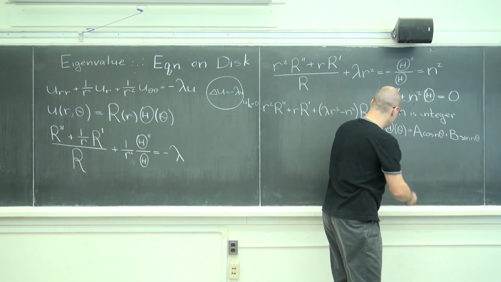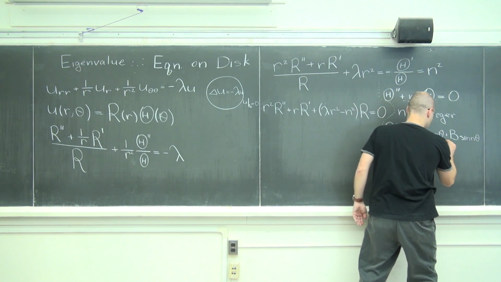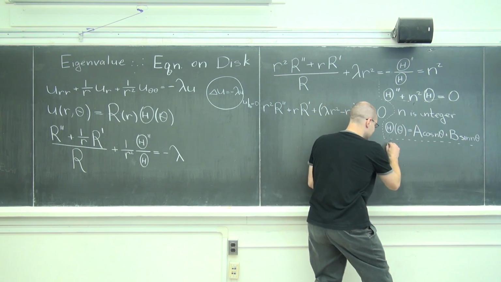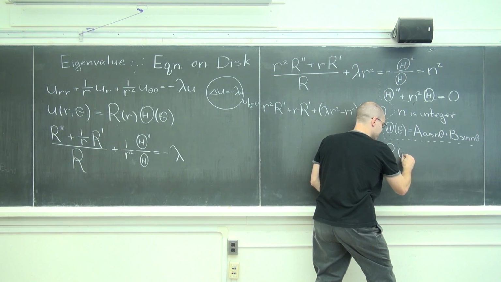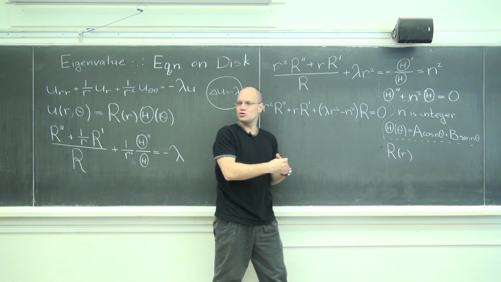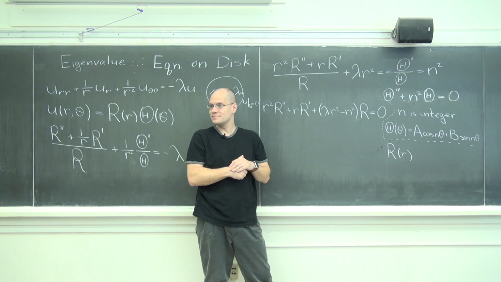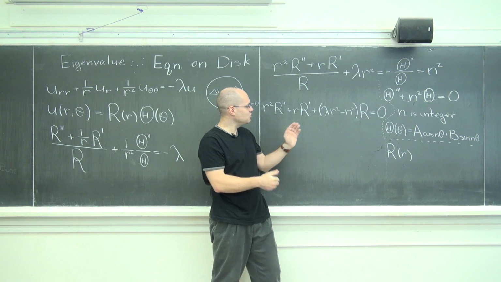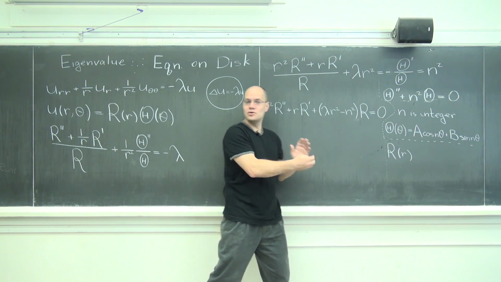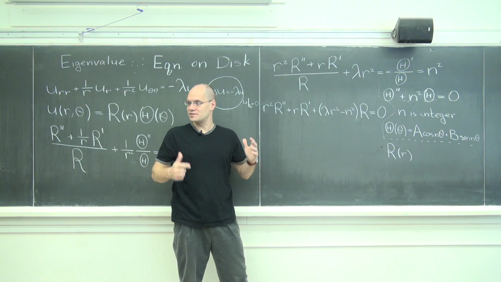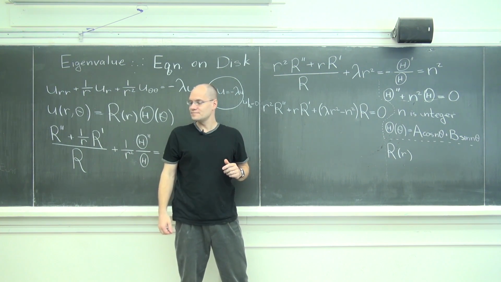Let me kidnap this portion of the board. I will say, with a lot of foresight, let me look for r. I'm just going to rescale my variable by square root of lambda. And when I do that, you will see that square root of lambda will disappear from everywhere. It will, in a way, get absorbed into r.